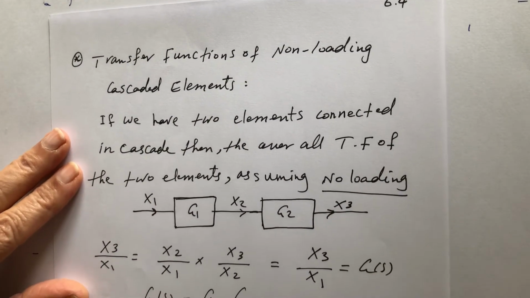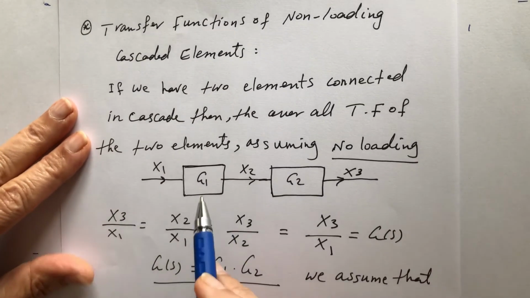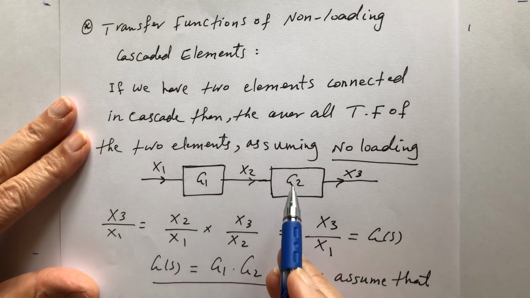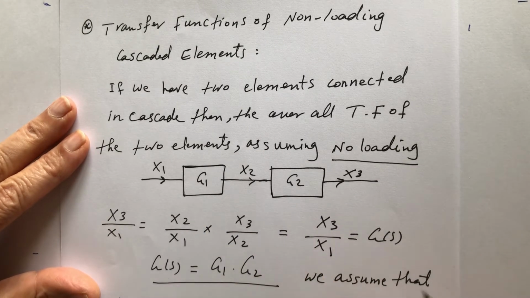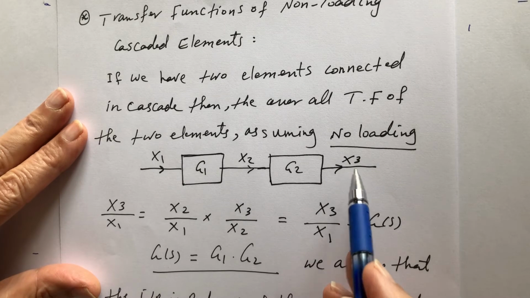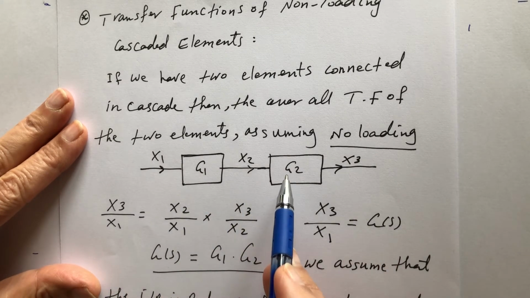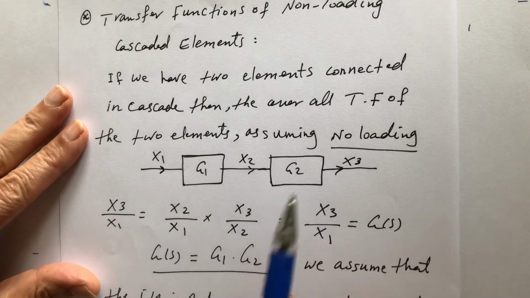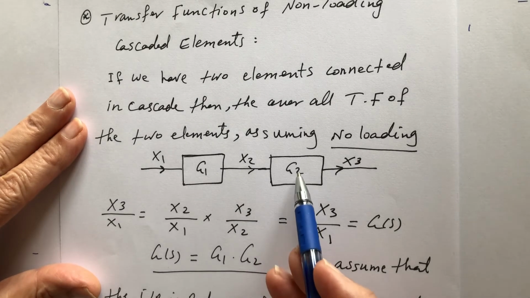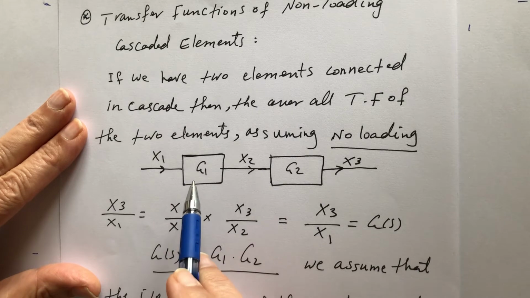You remember in control systems that if we have G1 and G2 connected in cascade, then the transfer function, which is x3 over x1, will be G1 times G2. This is true when G2 has no effect on G1.